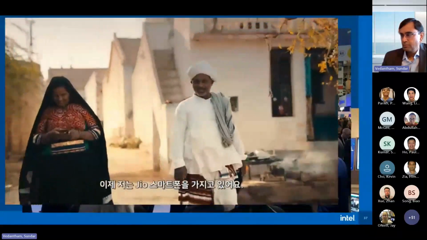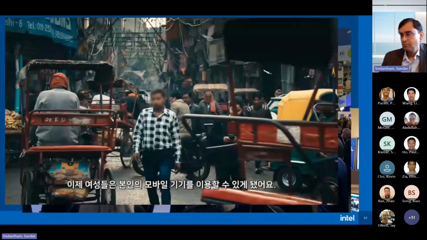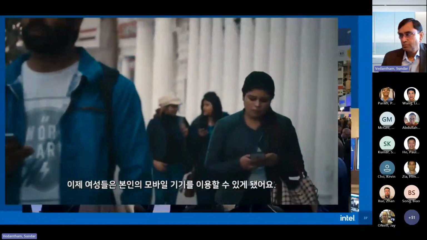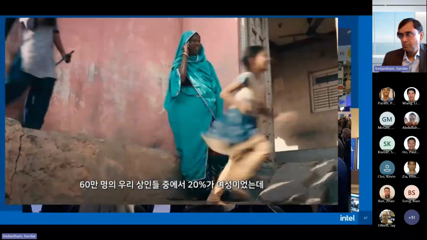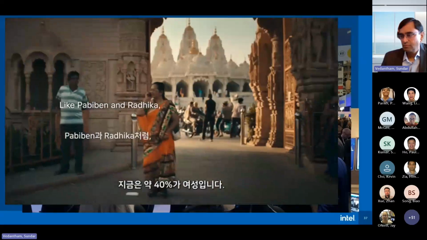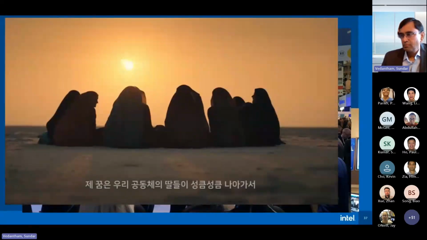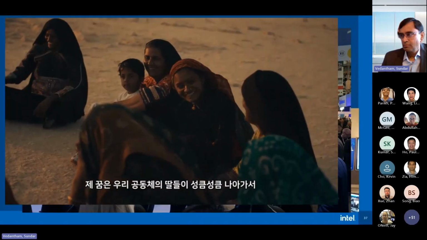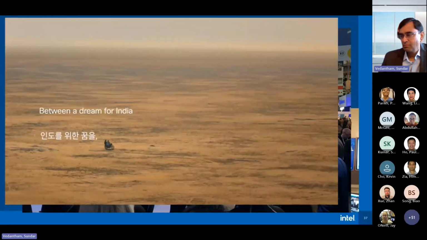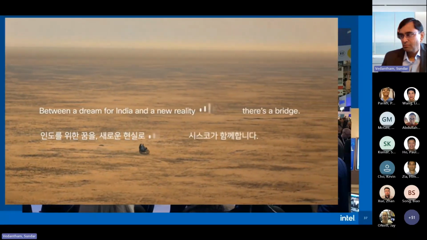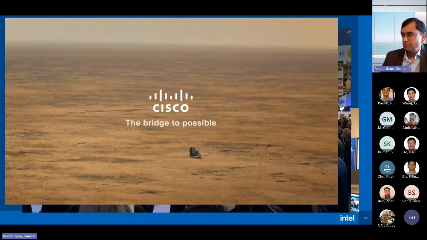I now have a Jio phone. My products are sold in 20 countries outside of India. Suddenly, women have access to their own device. 20% of our 600,000 merchants used to be women. Now, about 40% is women. My dream is that the daughters in my community match stride for stride and walk shoulder to shoulder with the rest of the world. Between a dream for India and a new reality, there's a bridge. Cisco, the bridge to possible.